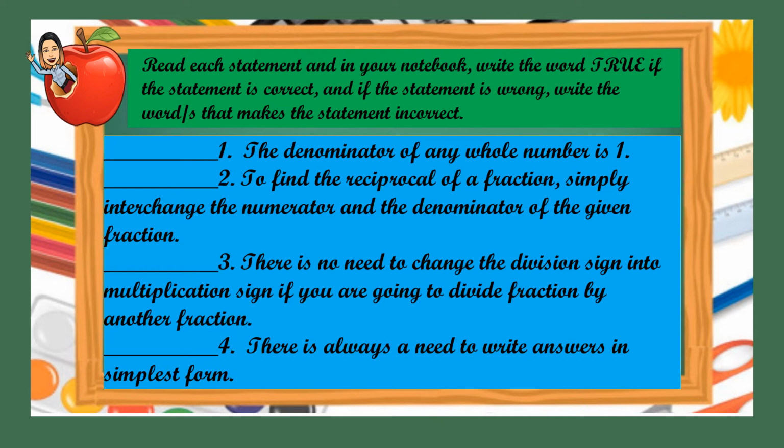Number 2. To find the reciprocal of a fraction, simply interchange the numerator and the denominator of the given fraction. Number 3. There is no need to change the division sign into multiplication sign if you are going to divide fraction by another fraction. Number 4. There is always a need to write answers in simplest form.